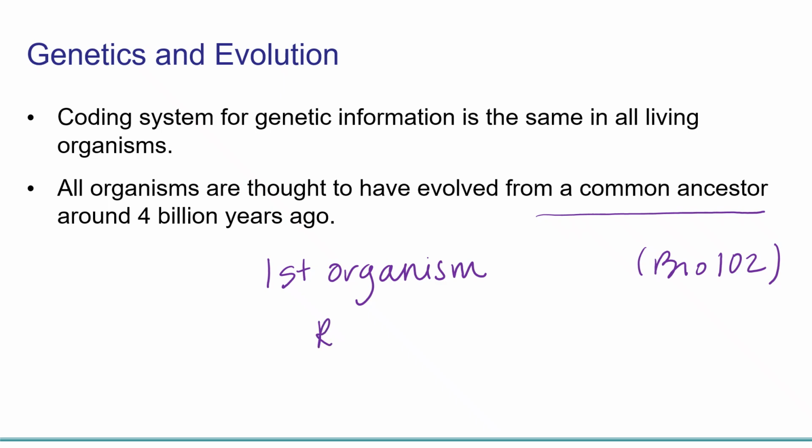The commonly held theory is that that first coding molecule was RNA, and it eventually evolved into DNA. But that common ancestor would have had that common genetic source, and that is why all living organisms use nucleic acid as their basis for their coding molecules.